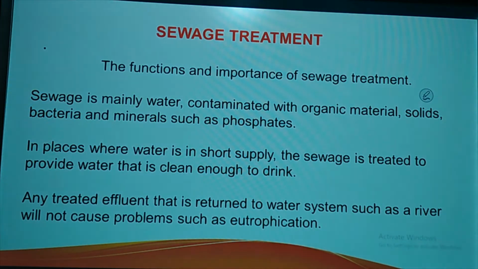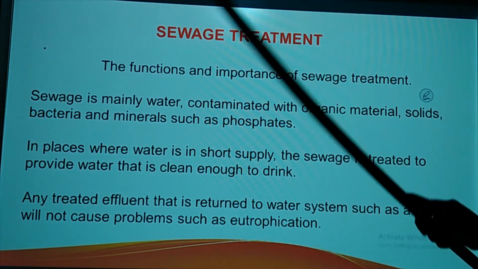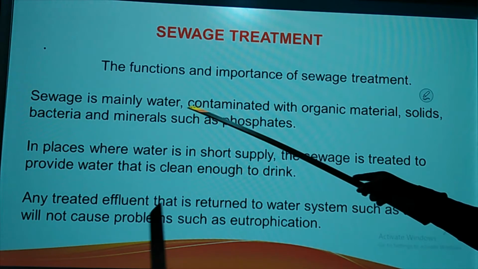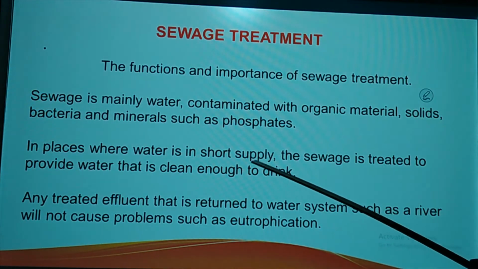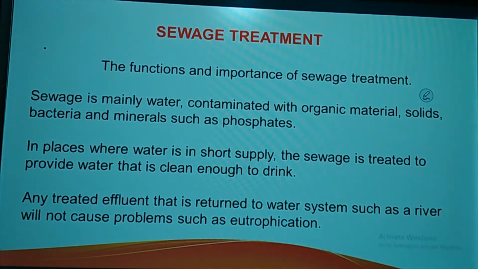If this sewage is not treated, it goes into water bodies like rivers and lakes. You can remember when we talked about eutrophication, all of this depletes oxygen in the water body.